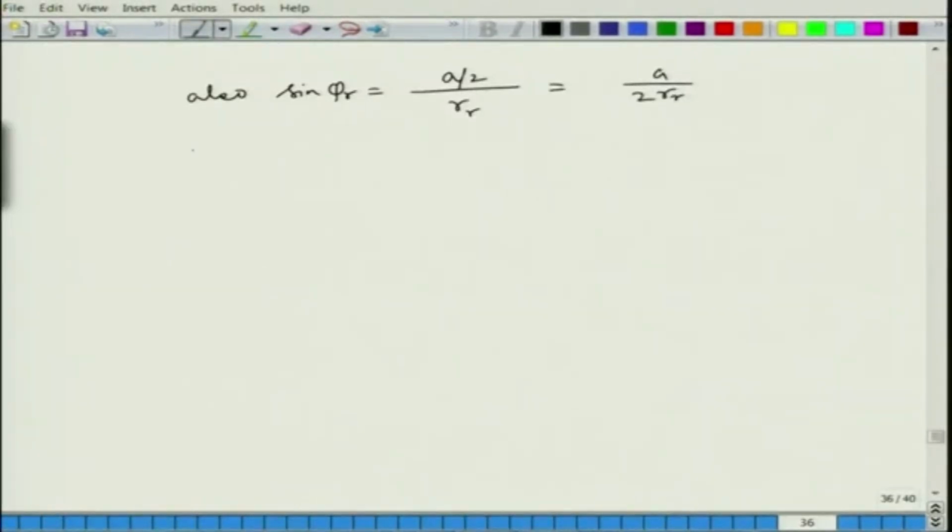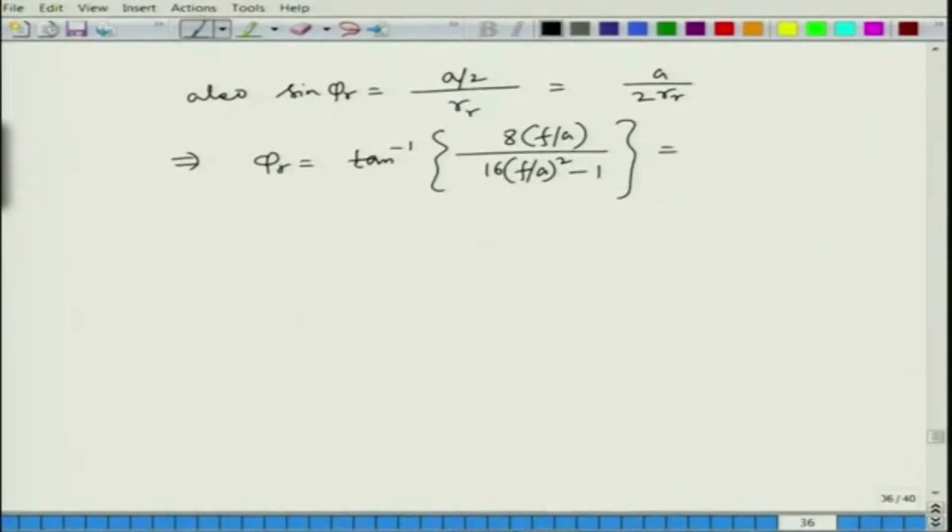Okay. So, what we can write? Phi r, either you can write in terms of tan inverse of 8 f by A divided by 16 f by A squared minus 1, or you can write sin inverse of A by 2 RR. Okay.